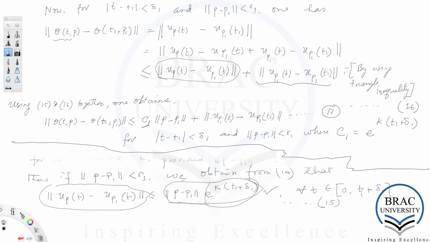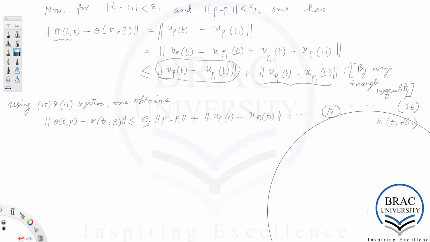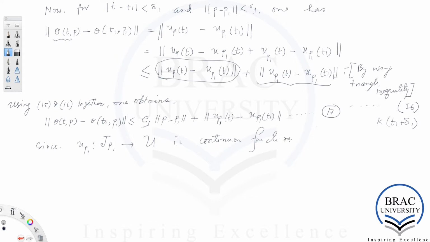Okay, now I can erase this part. Good. Now you see that since u_p1 from J_p1 to big U is a continuous function, one must have the limit as t approaches t1 of u_p1(t) is nothing but u_p1(t1).